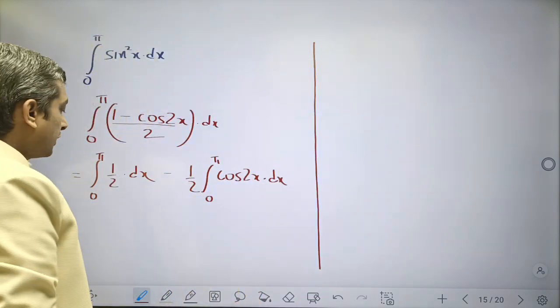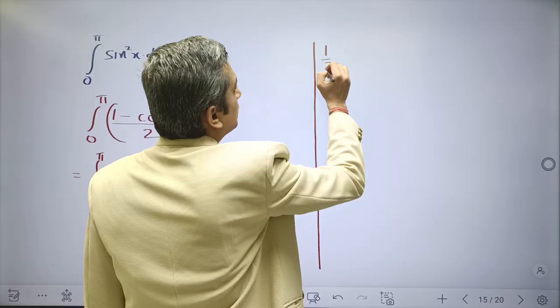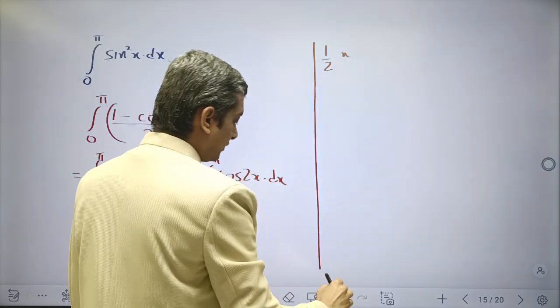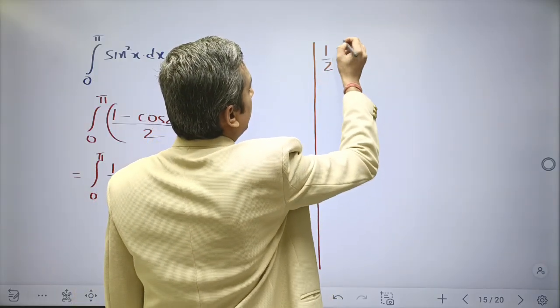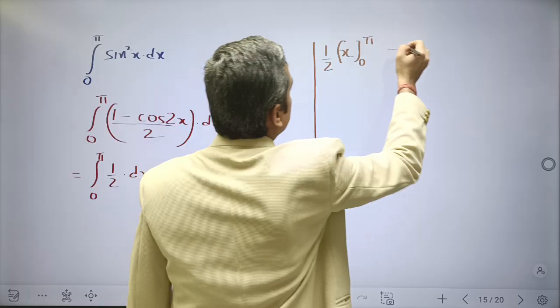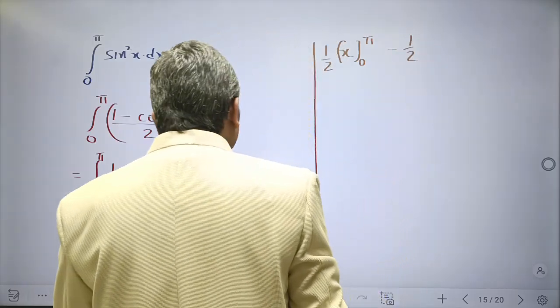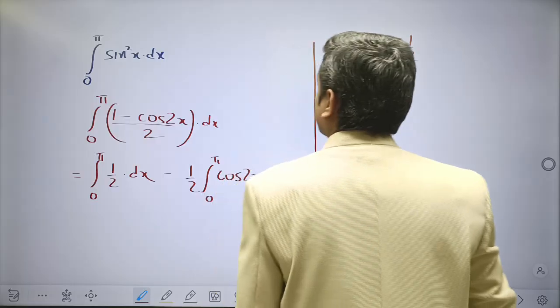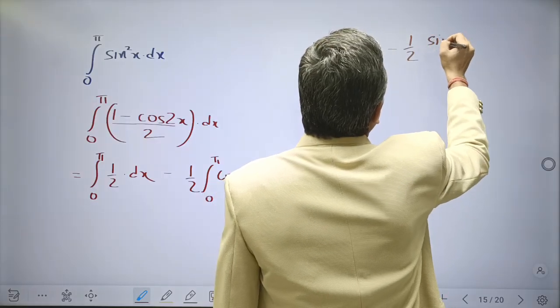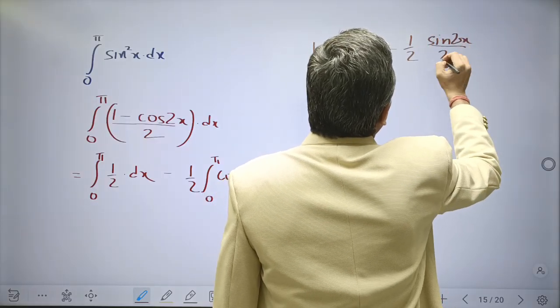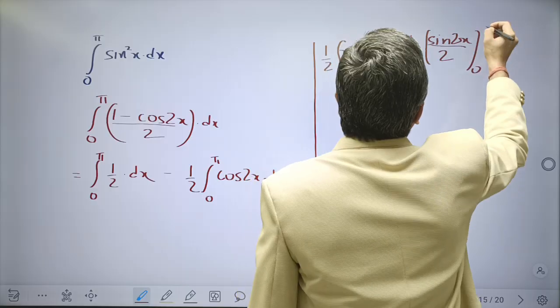So this 1 by 2, take outside, so you are left with x, and the limit is 0 to pi, minus 1 by 2, and the integration of cos 2x is sin 2x by 2, put the limit 0 to pi.